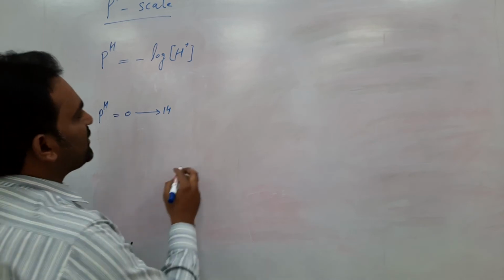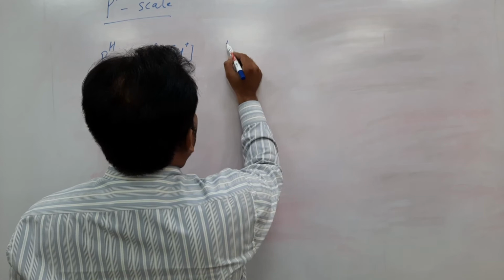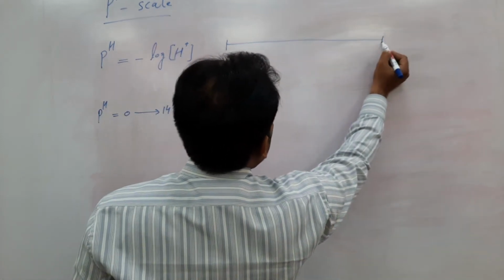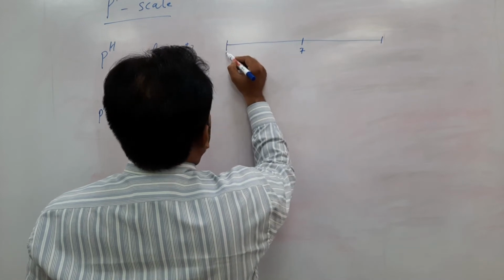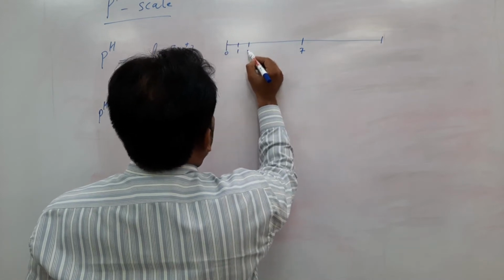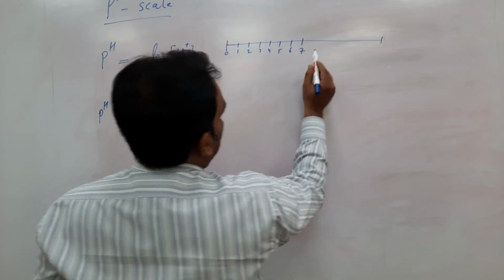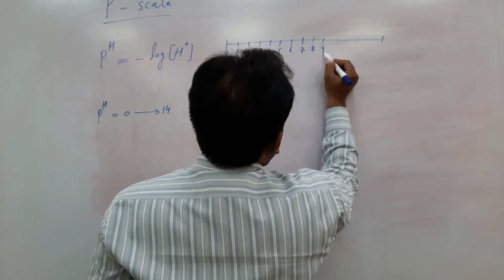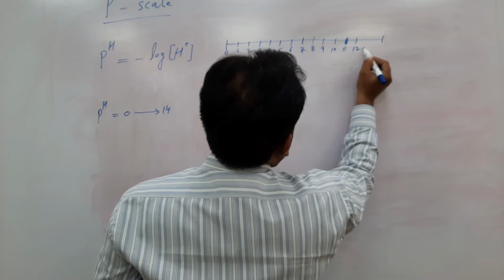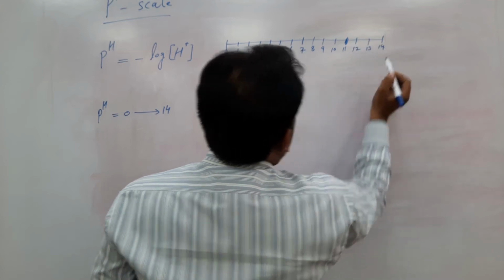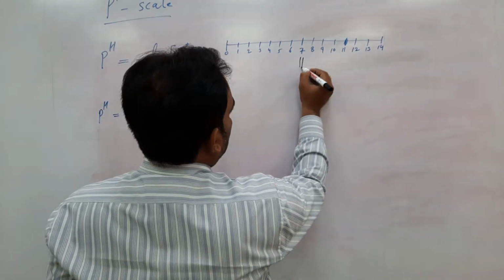Okay, and in between you have 7. You start from here to here, and here you have 7: 0, 1, 2, 3, 4, 5, 6, 7, 8, 9, 10, 11, 12, 13, and 14. 7 means neutral.